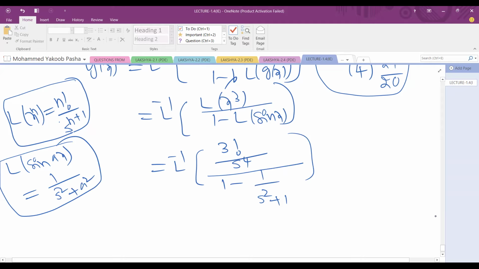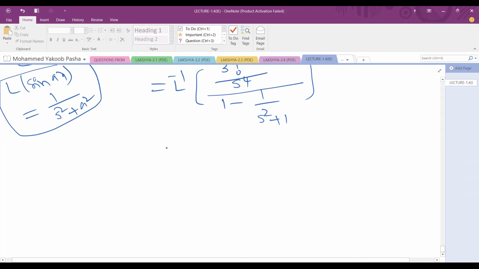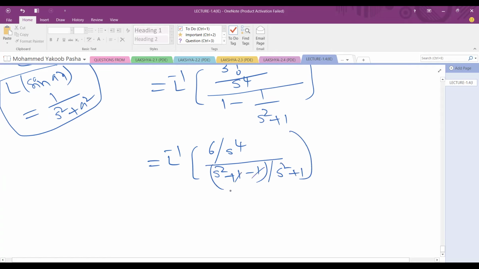So here, inverse Laplacian of 6, 3 factorial is 6, by s to the power of 4, into s square plus 1 minus 1 divided by s square plus 1. Here minus 1 plus 1 will be cancelled. L inverse of 6 into s square plus 1 goes to the numerator; in the denominator we have s square and s power 4 becomes s power 6.